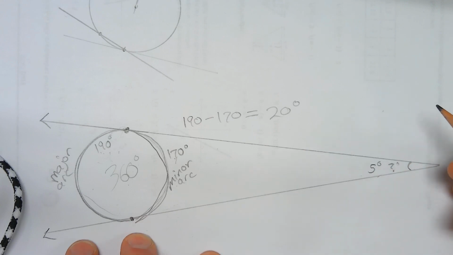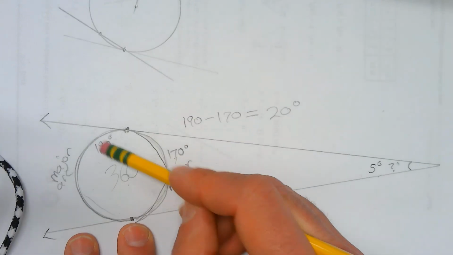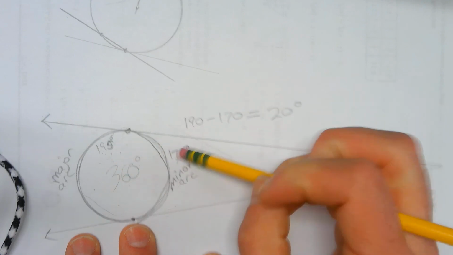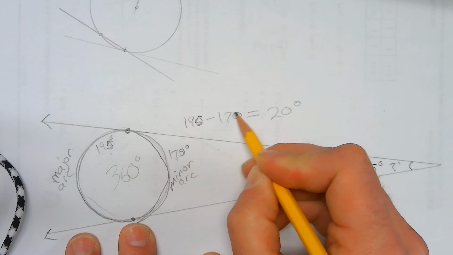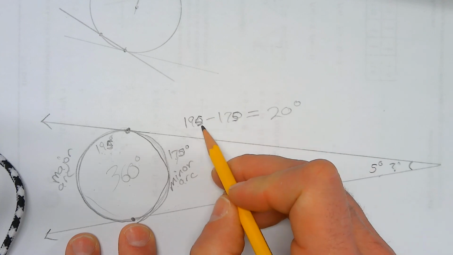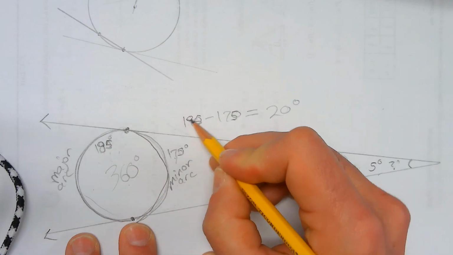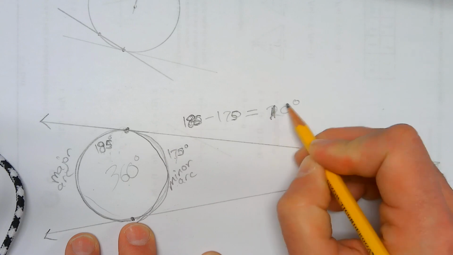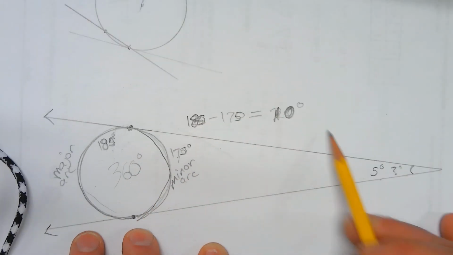If I estimated this differently and said this was 195 and this was 175, wait, 185. Getting them closer together. 185 minus 175 is 10. That's even closer. So something like subtracting might get us close here.